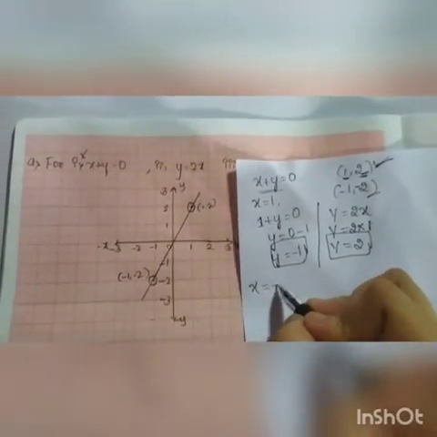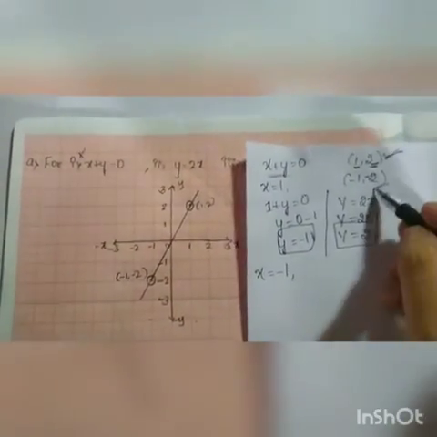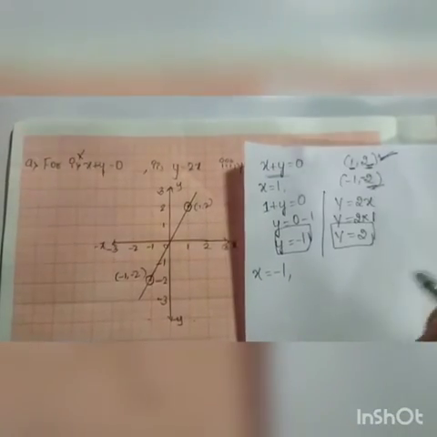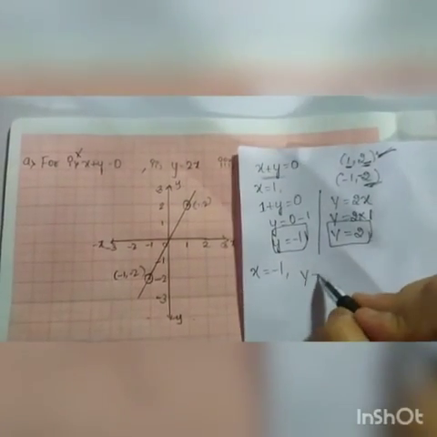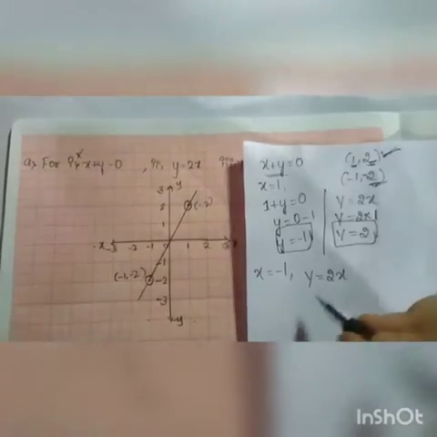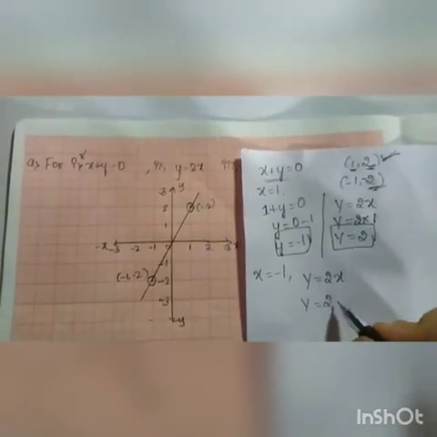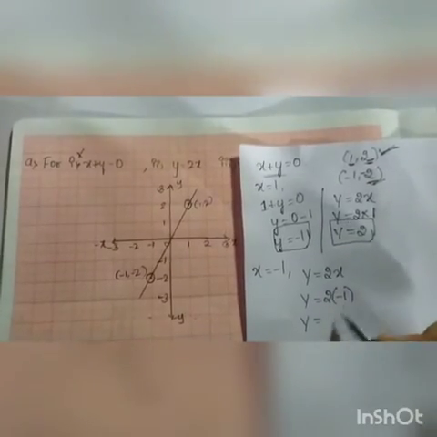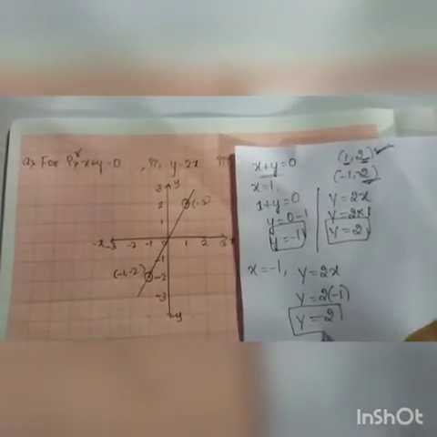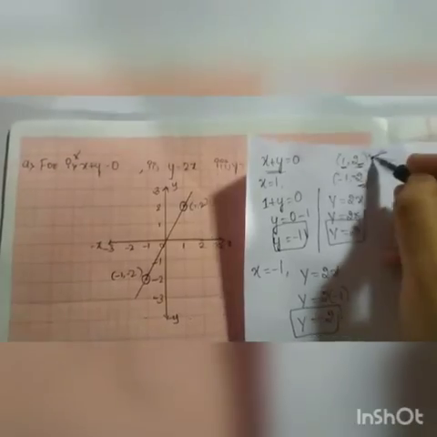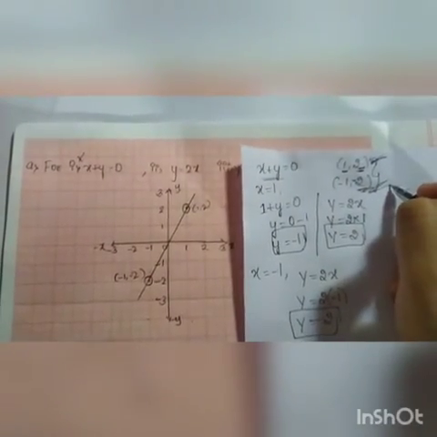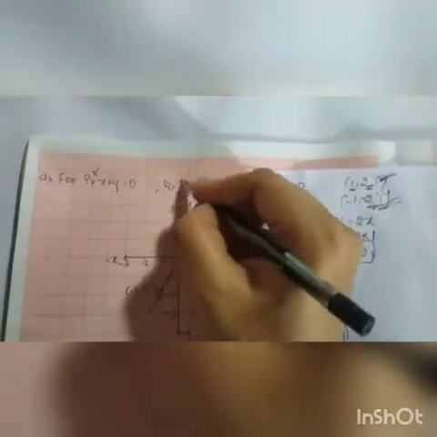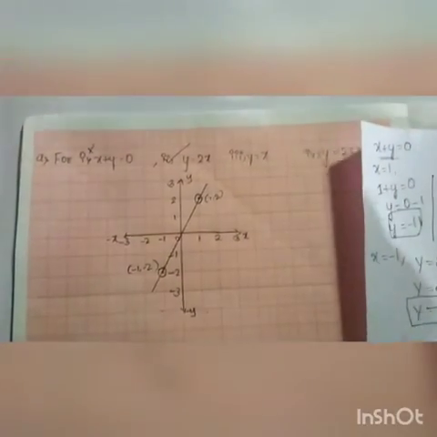If I substitute x equals minus 1, I have to get y is equal to minus 2 here. So y is equal to 2x, y is equal to 2 into minus 1. What am I getting? 2 into minus 1, the y value I got is minus 2. So both these solutions are verified when y is equal to 2x here.